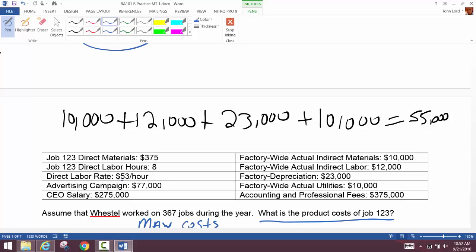Utilities. What do I debit? We debit the manufacturing overhead. For what? And what do I credit here? Utilities payable for 10,000.